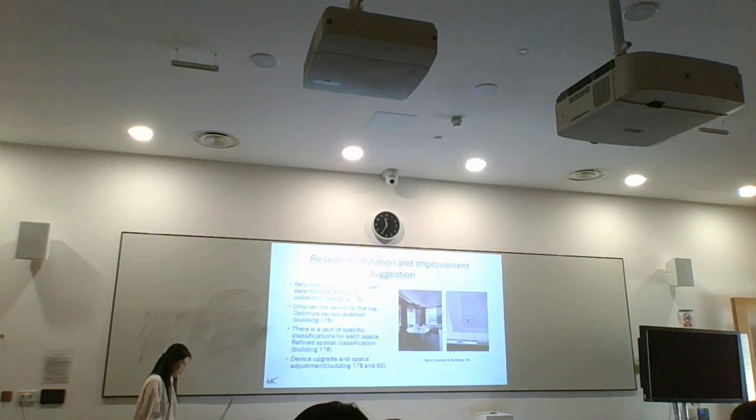For the research limitations of building 178, you can see in these pictures, we only have one sensor at the top of the meeting rooms. But we don't know how many people attend each meeting.